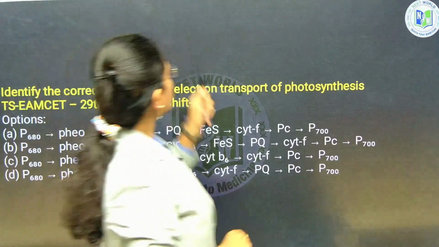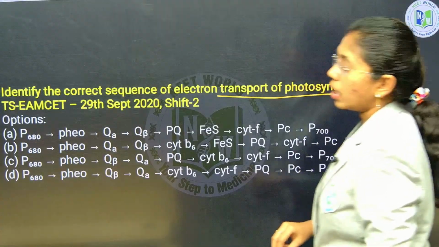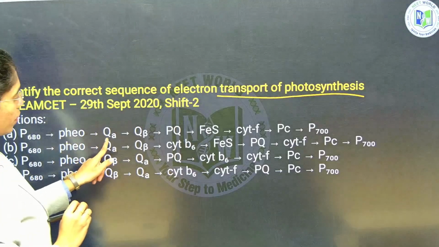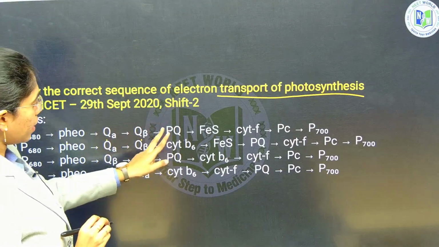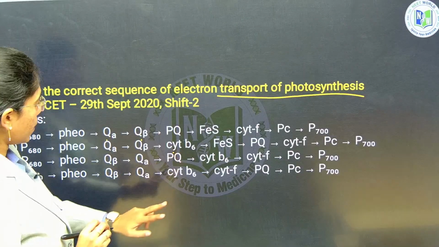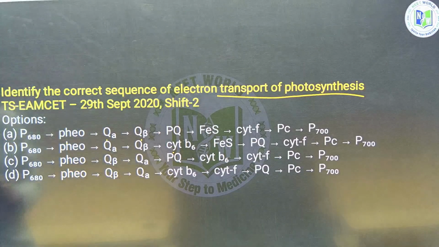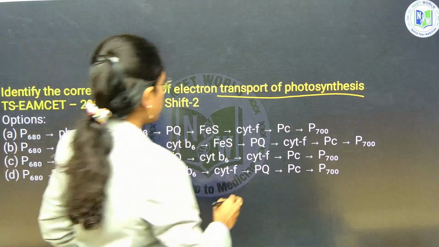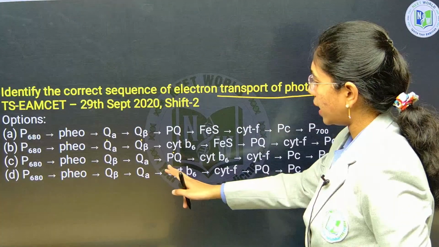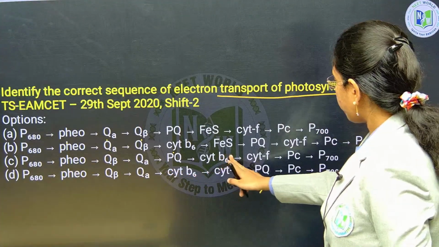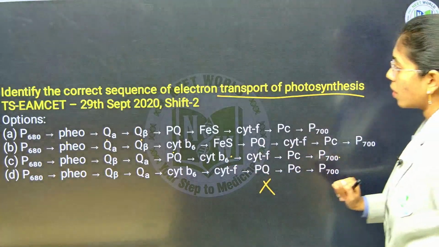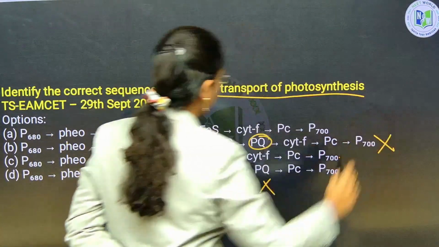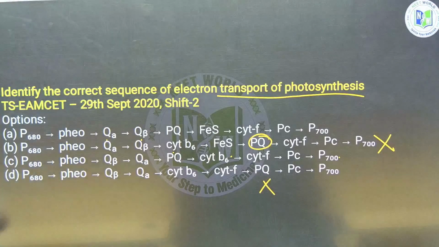Identify the correct sequence of electron transport of photosynthesis. Correct sequence: P680, pheophytin, plastoquinone A, B, and then cytochrome b and cytochrome f, which is not followed by plastoquinone again. You can eliminate D. Plastoquinone will not appear again, so you can eliminate B as well.